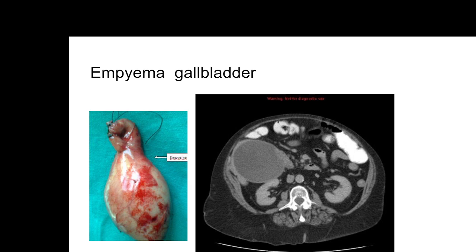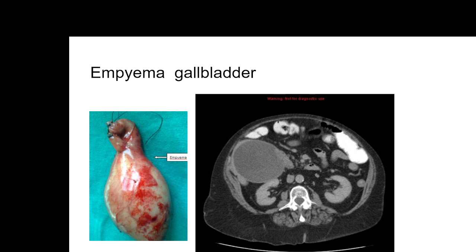Now, certain complications of acute cholecystitis can occur. One is the empyema of the gallbladder. The whole gallbladder may become filled with pus. There could be a rather hugely enlarged gallbladder with pus inside, which is an acute surgical emergency, and in that condition the total leukocyte count would be very high, and the tenderness also would be extensive.